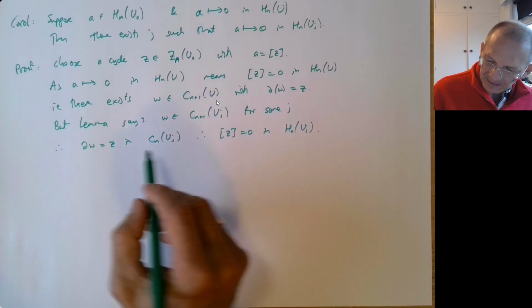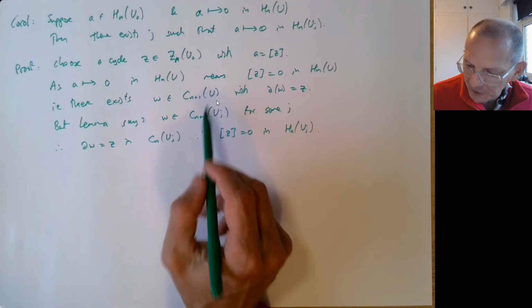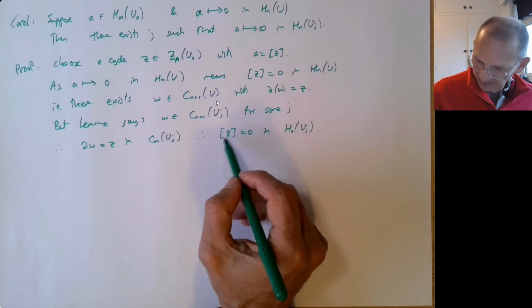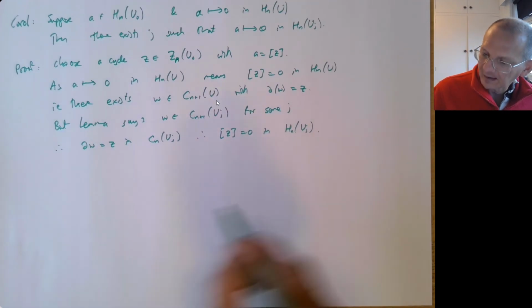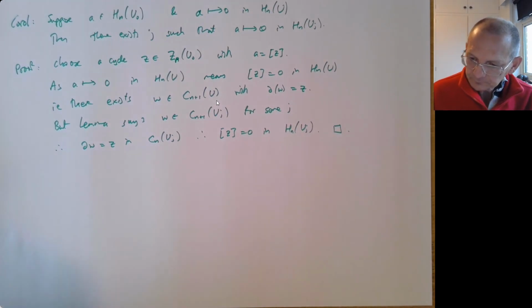So we already see that Z is a boundary in U_j. We don't need to go all the way up to U, so this class goes to 0 in the homology of U_j.